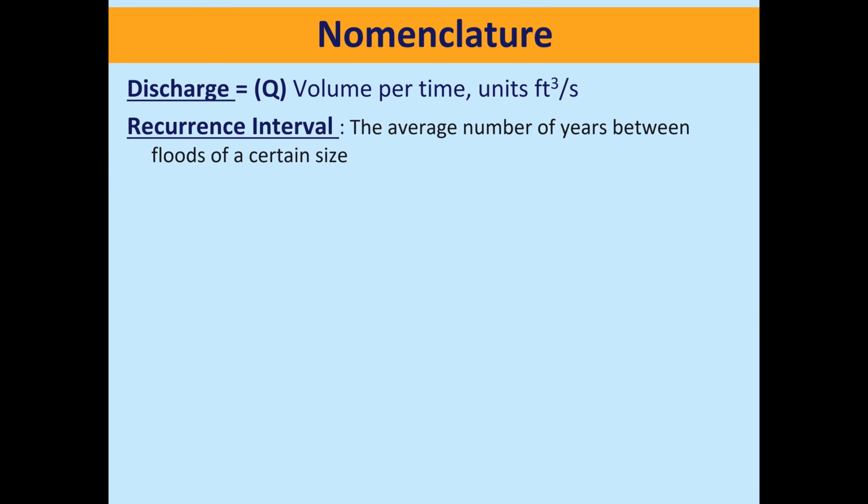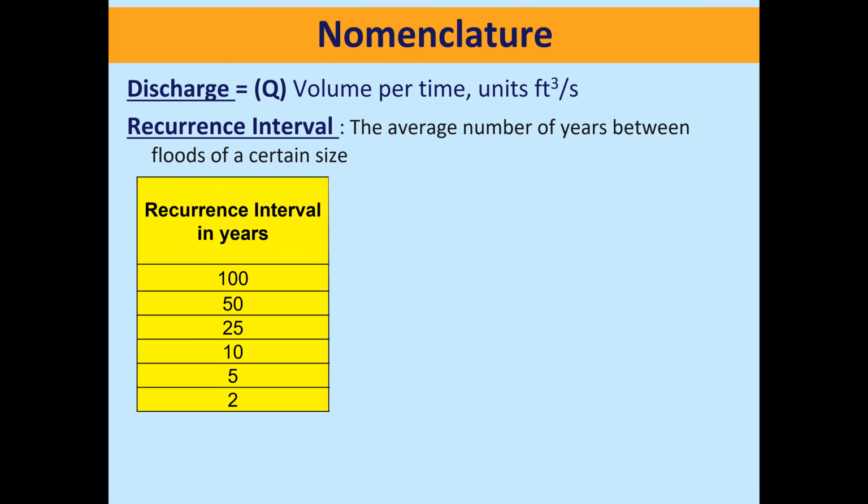And then recurrence interval is something that we'll talk about quite a bit. One way to think about it is the average number of years between floods of a certain size. It's just a way to try to describe these random events, try to describe the probability of these random flood events. I think the recurrence interval is easiest for most folks to understand, because as the number gets larger, so do the flood events or the flows.